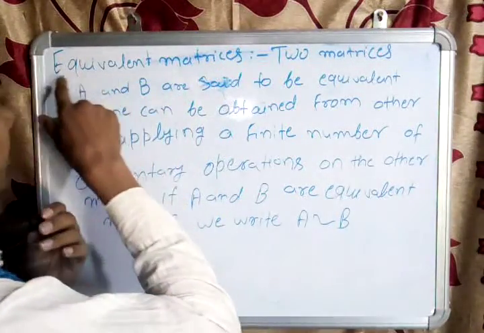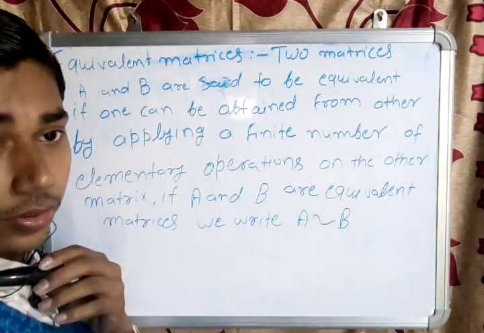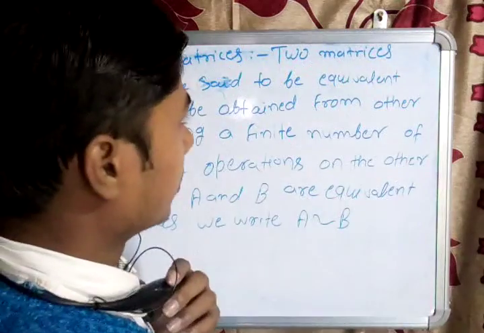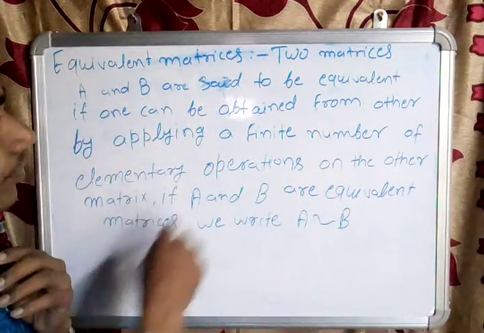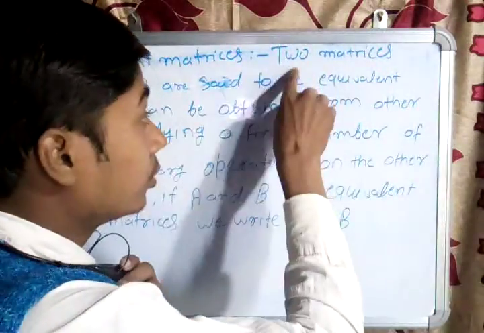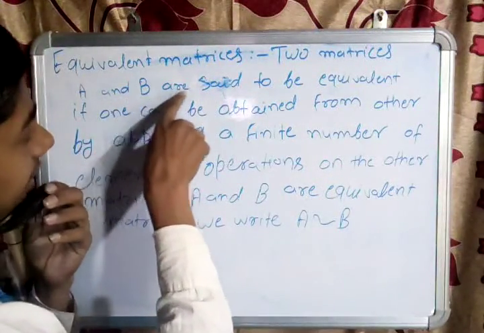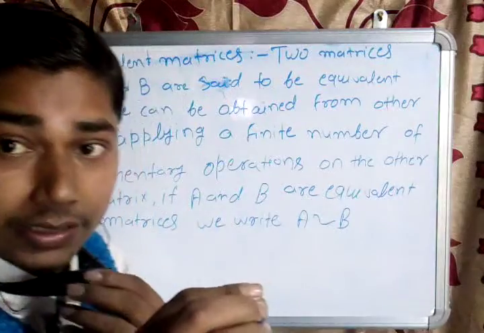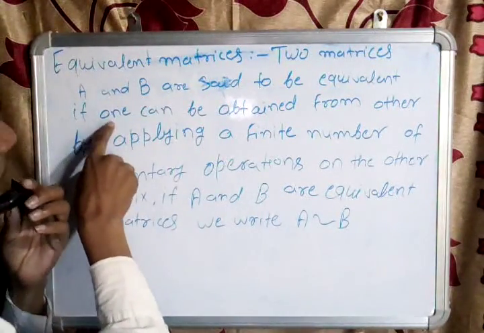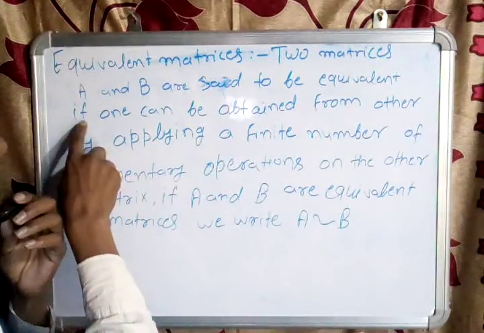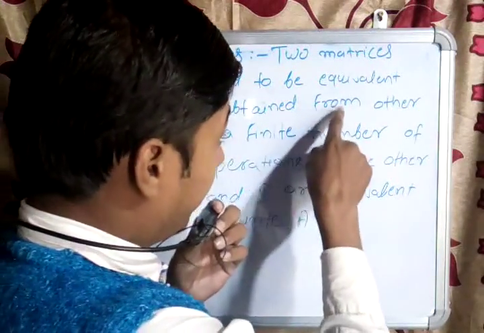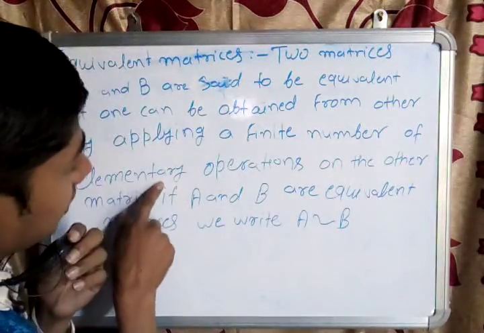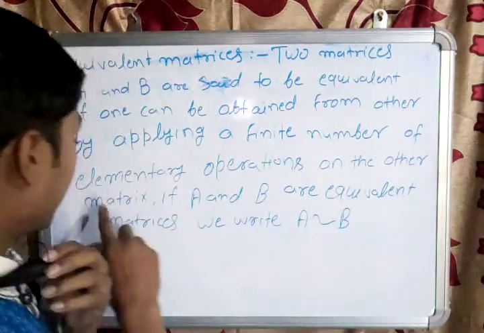Here equivalent matrices. Definition of equivalent matrices: two matrices A and B are said to be equivalent if one can be obtained from the other by applying a finite number of elementary operations on the other matrix.